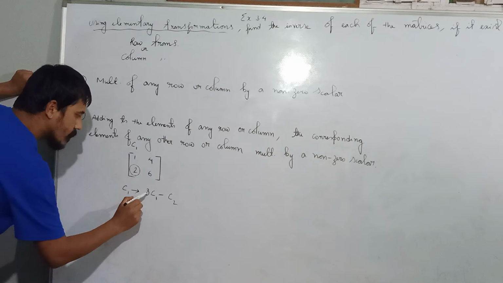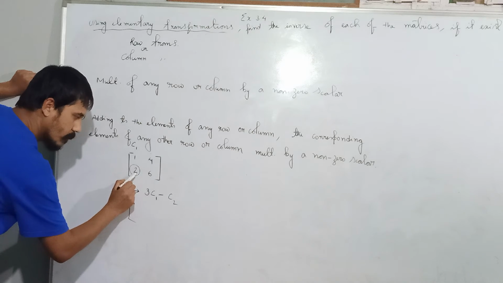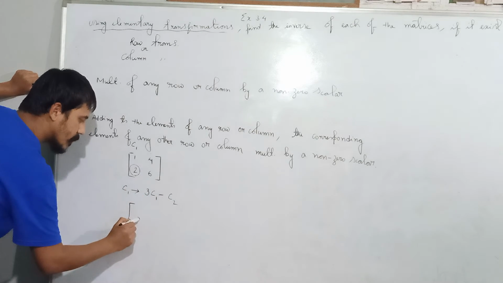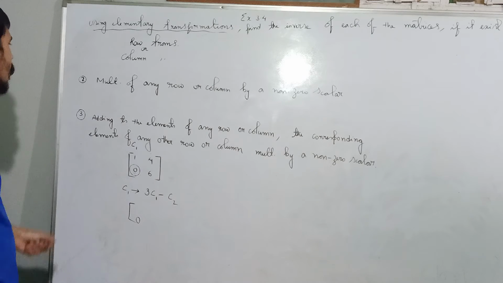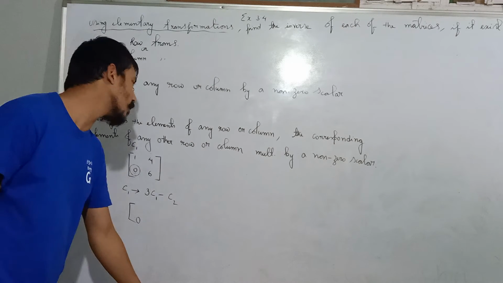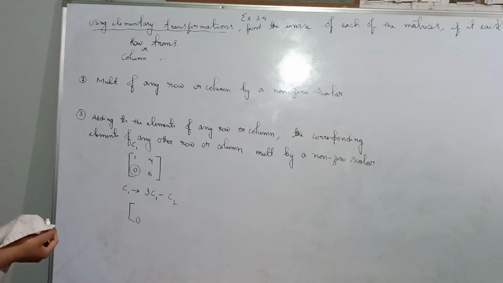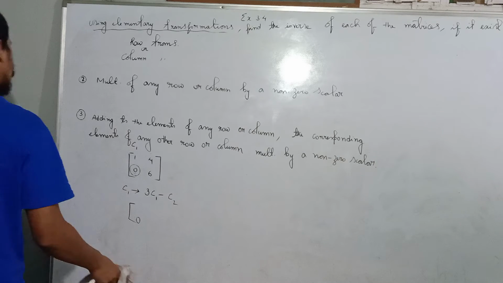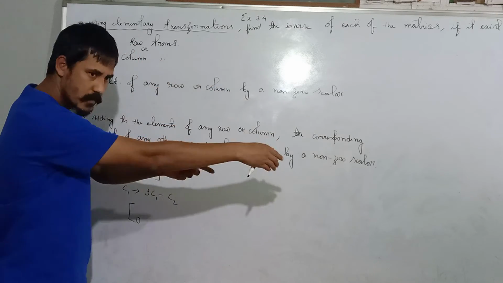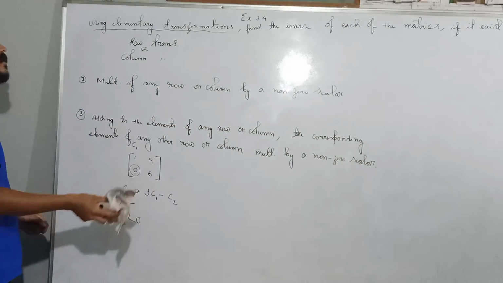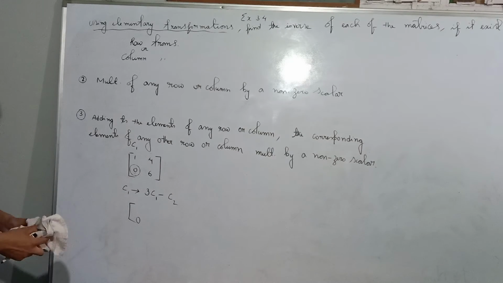This entry becomes 3 times 2 minus 6. This entry now becomes 0. So adding to the elements of any row or column, the corresponding elements of any other row or column multiplied by a non-zero scalar. So these are the 3 types of transformation. 3 for rows, the same 3 for columns. So altogether there are 6 types of transformations that you can use.